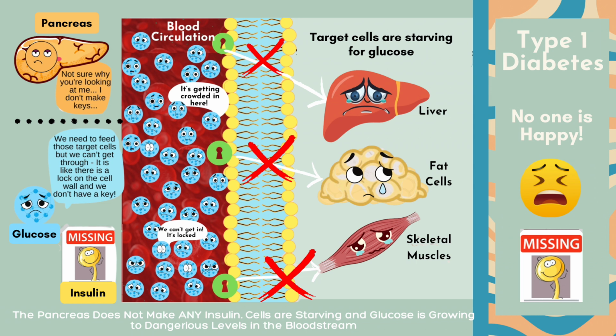So that glucose will build up and they will become very, very ill in that situation. That's also called DKA, diabetic ketoacidosis. That is when literally the sugar level is so high that you start to have very serious health complications and you ultimately land in the hospital, and it can be a life-threatening situation.